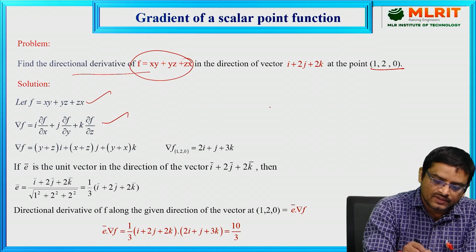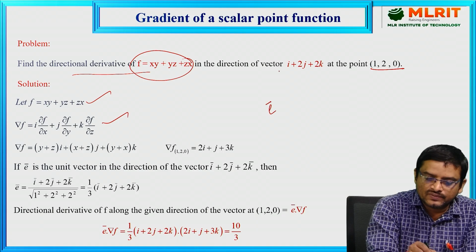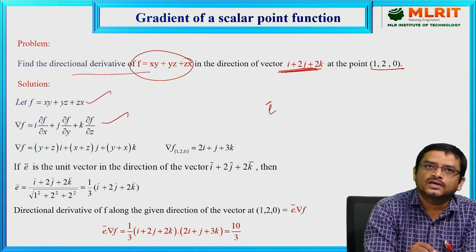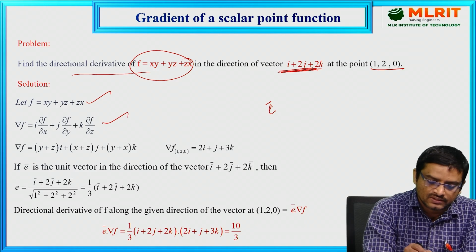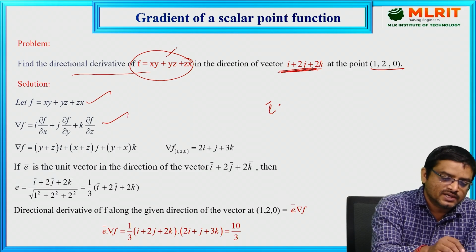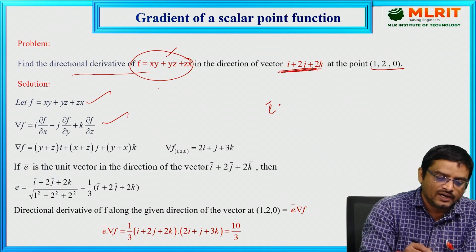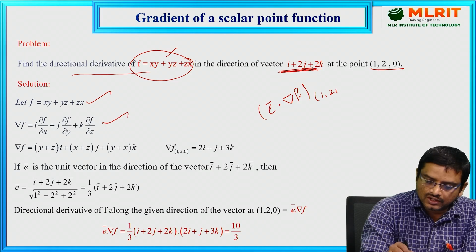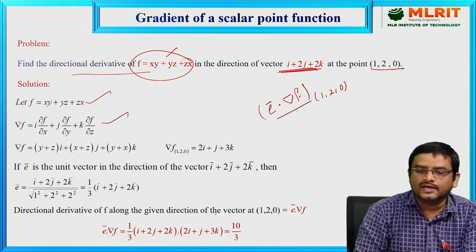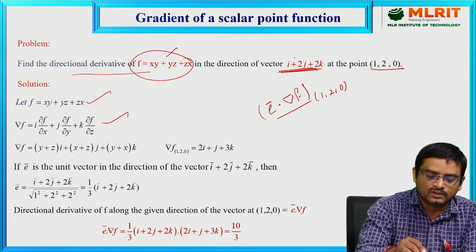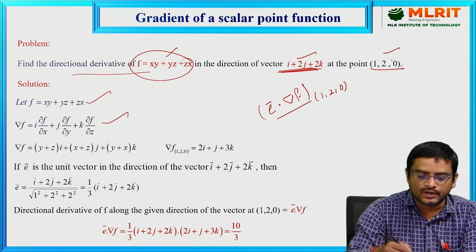Our directional derivative formula uses E bar, the vector in whose direction we have to find the directional derivative, and we apply the dot product with the normal, that is del f, at the point 1 comma 2 comma 0. We get our required directional derivative of that scalar point function in that direction of the vector at this particular point.